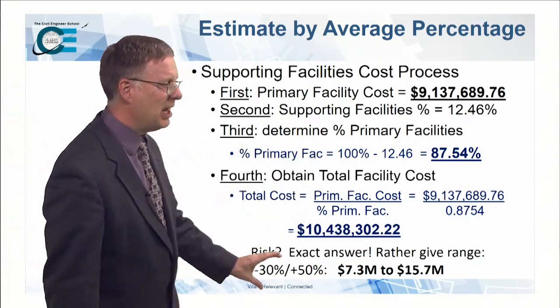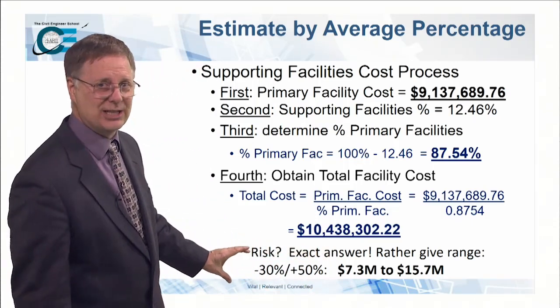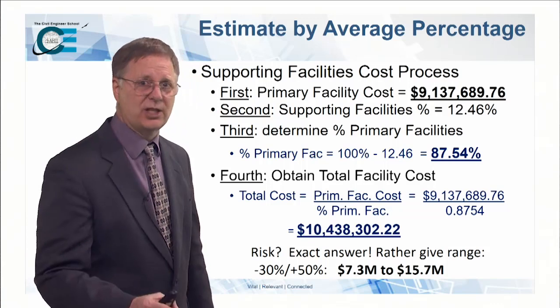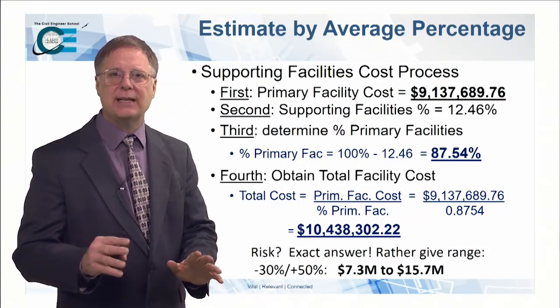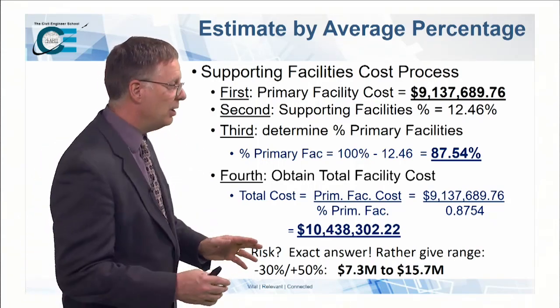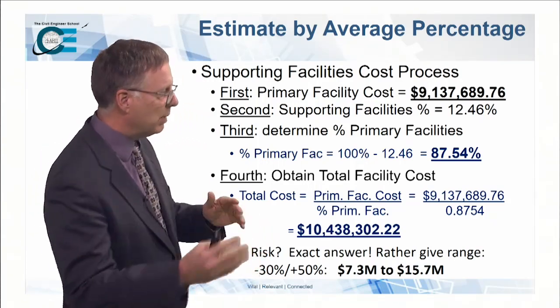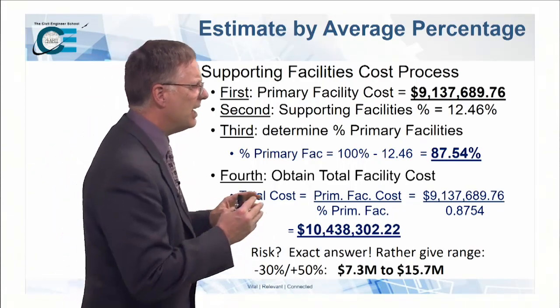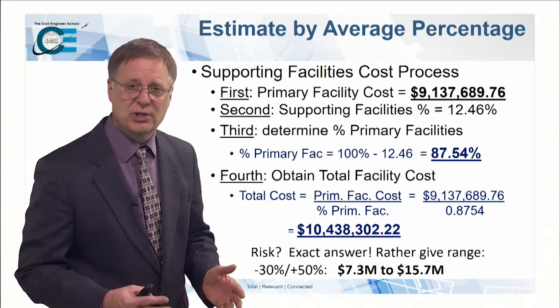We know that this methodology has some inherent inaccuracies with it. So you have a responsibility to communicate the risk. How you communicate that, I'll leave up to you, because your boss is going to respond to different things different ways. Do you say it's $10 million plus or minus $5 million? Or maybe you say $10 million plus or minus 50%.